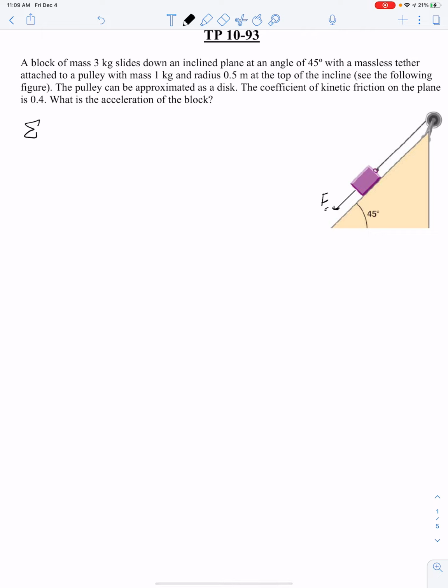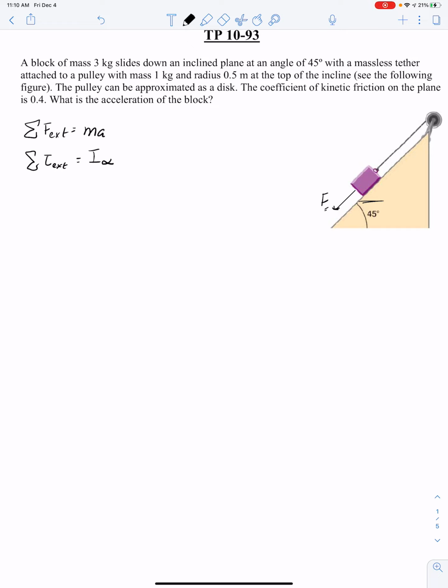We have the sum of all external forces is equal to mass times acceleration of the system. But since we have torque, we are also considering the sum of all external torques, thanks to that pulley, is equal to moment of inertia times angular acceleration.